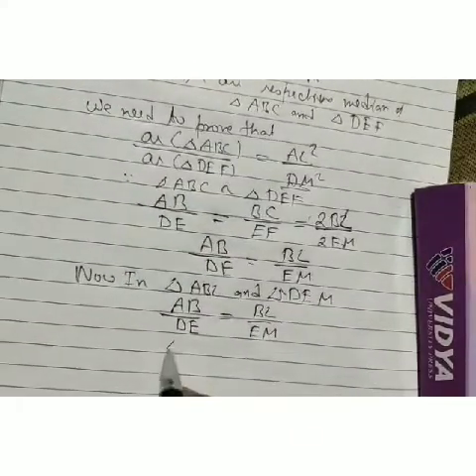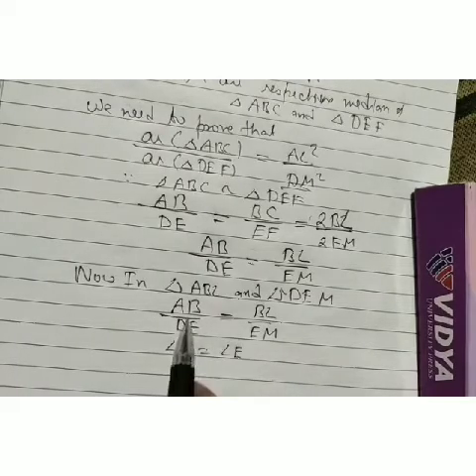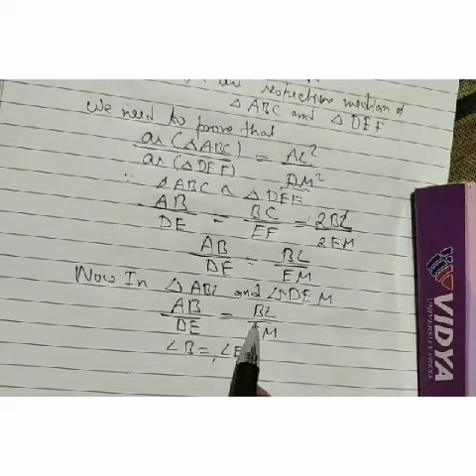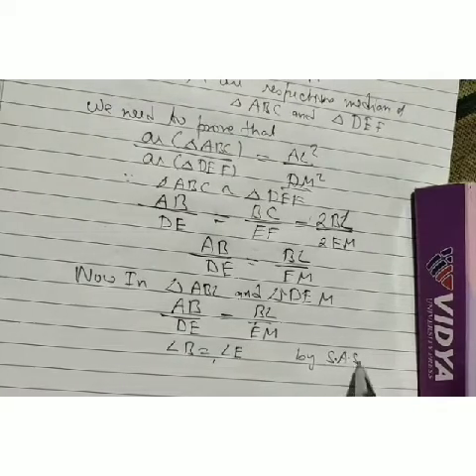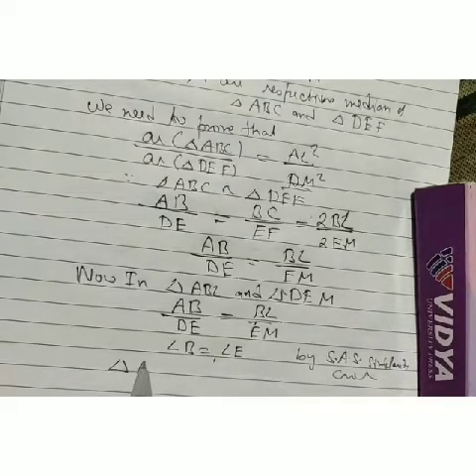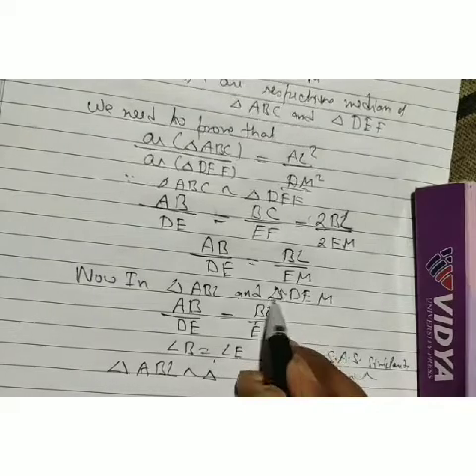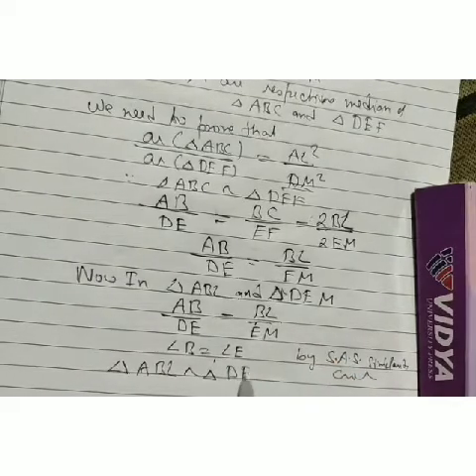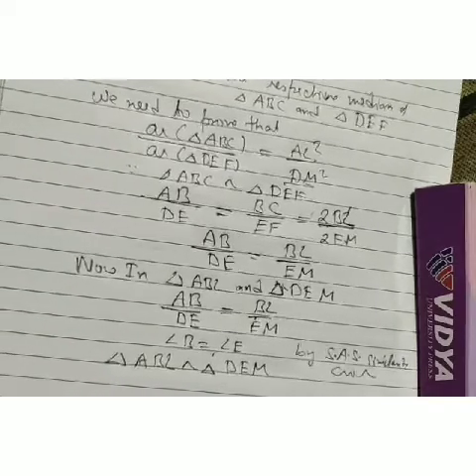Now we can apply side angle side. Then by the SAS similarity criterion, triangle ABL is similar to triangle DEM.